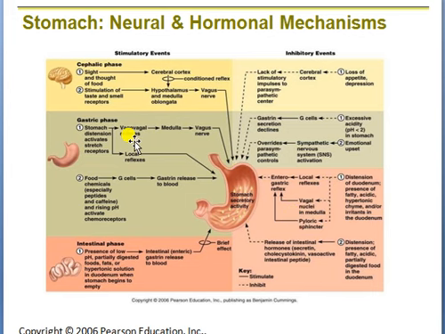So here we can observe the different stimulatory events and inhibitory events. Cephalic phase: sight and stimulation, which stimulates the cerebral cortex, and through the vagus nerve stimulates the stomach.